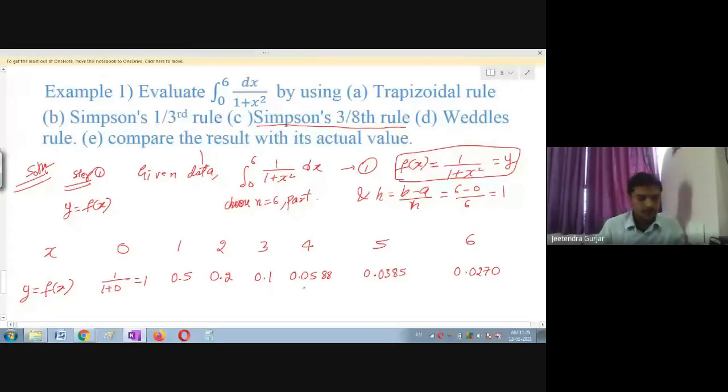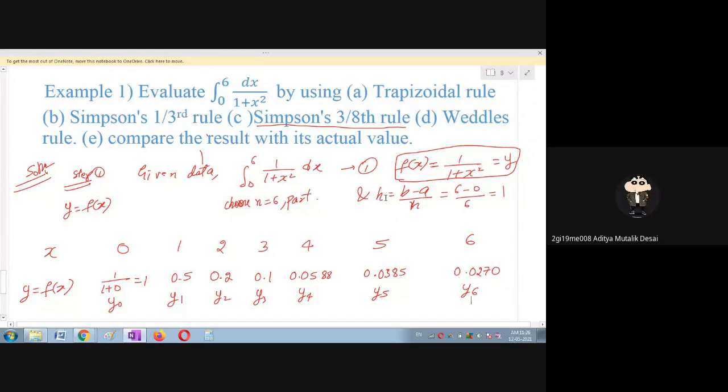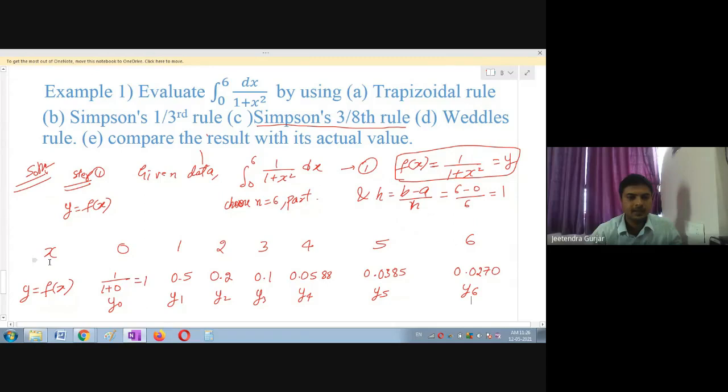Then you are going to write here, this is our y0, y1, y2, y3, y4, y5, and y6. Now this is clear. This is step 1. All these things you have to remember. First, you have to take the function f of x, calculate h, and then write the tables.